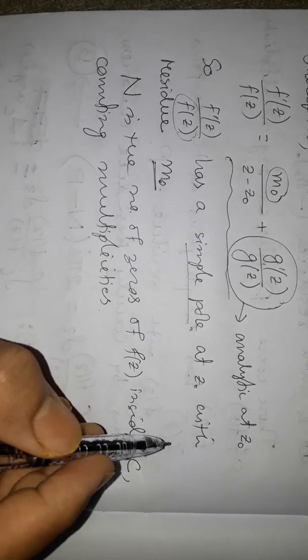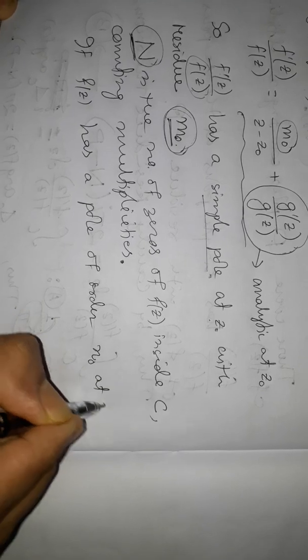So therefore f prime z by f z will have simple poles at those zeros, and the residue will be the sum of those orders. The total order, the number of zeros, is n. Okay, so just remember that.